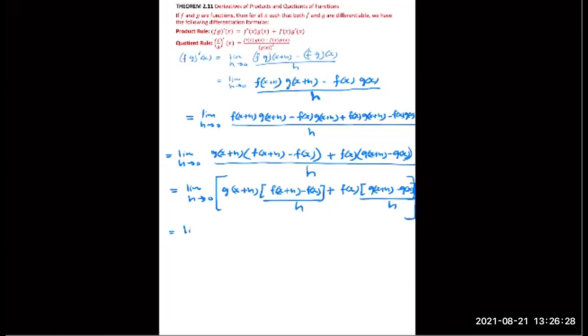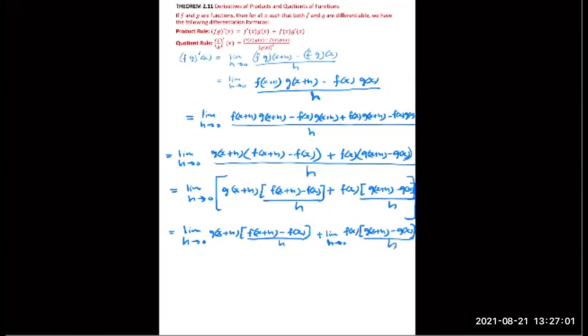Maybe I'll write one step: limit as h goes to 0, g of x plus h times f of x plus h minus f of x divided by h, plus limit as h goes to 0, f of x times g of x plus h minus g of x divided by h.